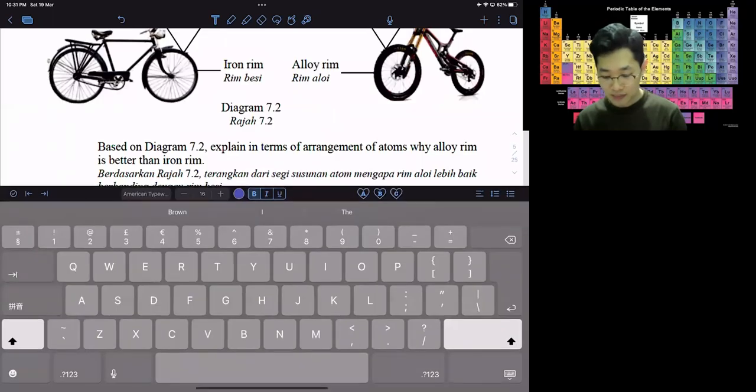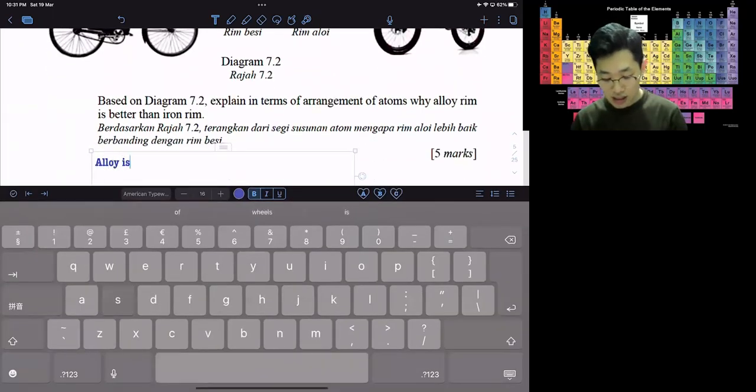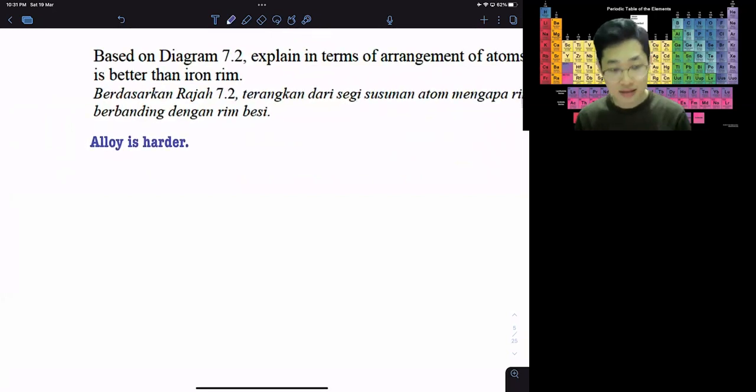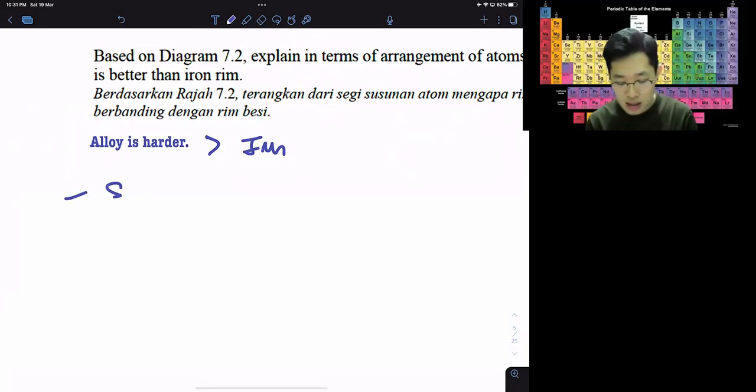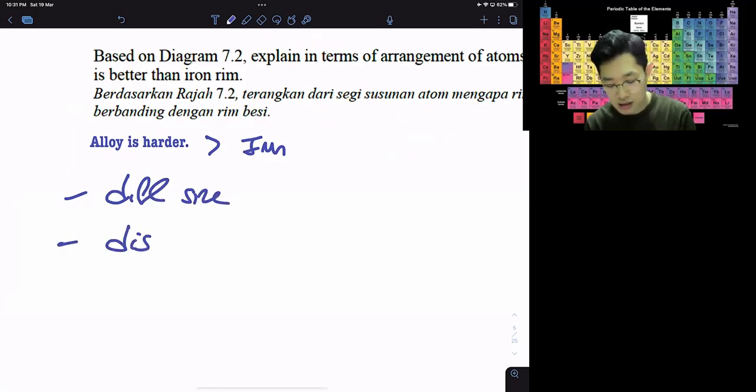Then you mention that alloy is harder than the iron. Why? Then you give the same explanation: different size, disrupted arrangement, hard to slide.